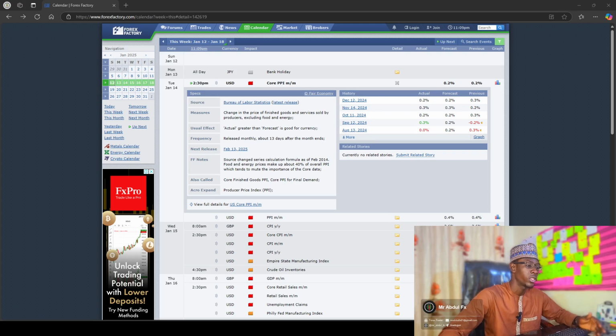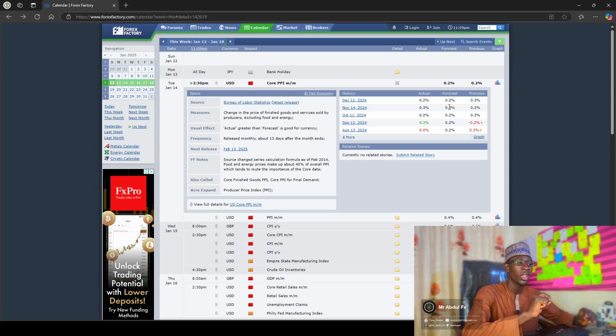If I share my screen with you on this, you can see there is PPI on Tuesday, and it is all saying that the US dollar is going to get strong, because the previous was 0.2%, and they are forecasting 0.2%, meaning it is not getting weak, but is exactly where they left it.